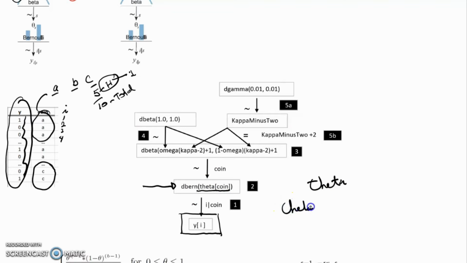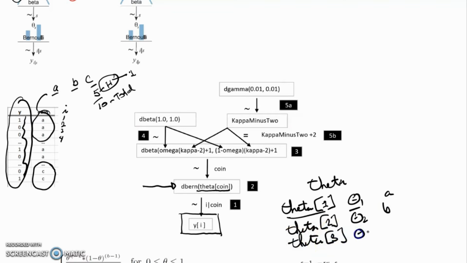So there's going to be theta 1, represented in either written form or symbolic form, for coin A, theta 2 for coin B, theta 3 for coin C. So all these thetas, they're going to need a prior.